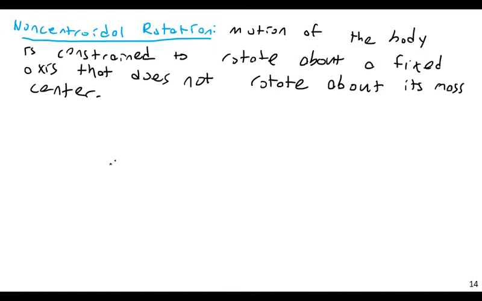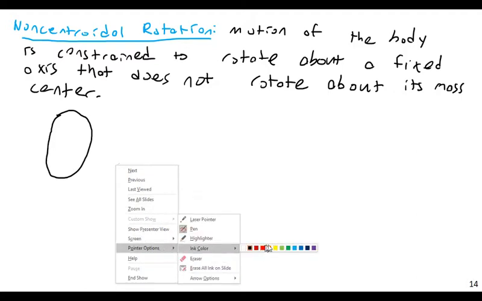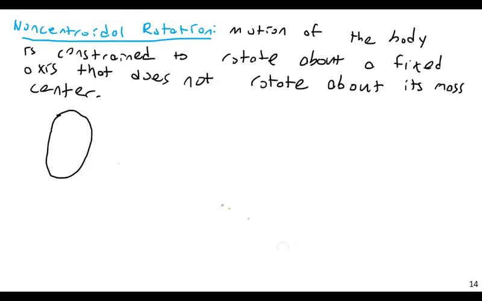so let's say we have this. Now let me draw kind of an elliptical object, an ellipsoid of some sort here. Normally I would like to have my rotation be about G here.